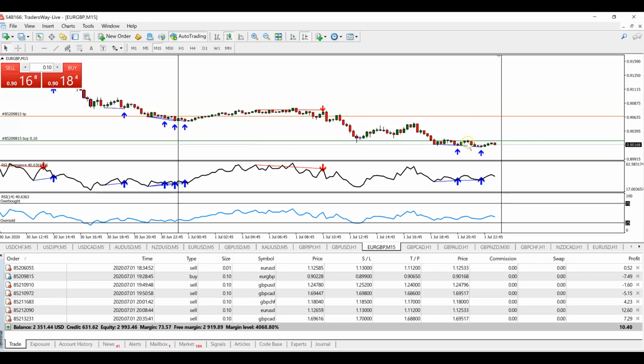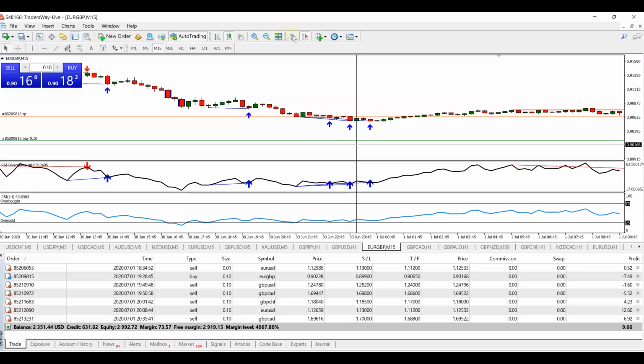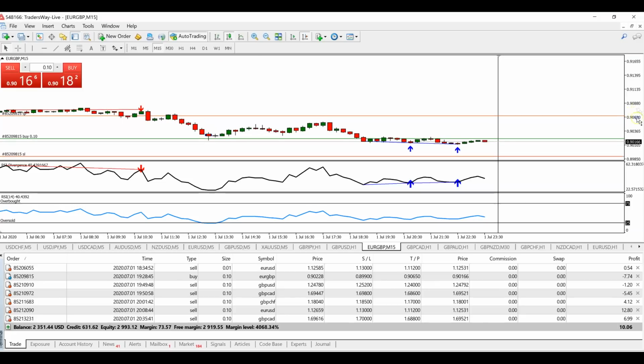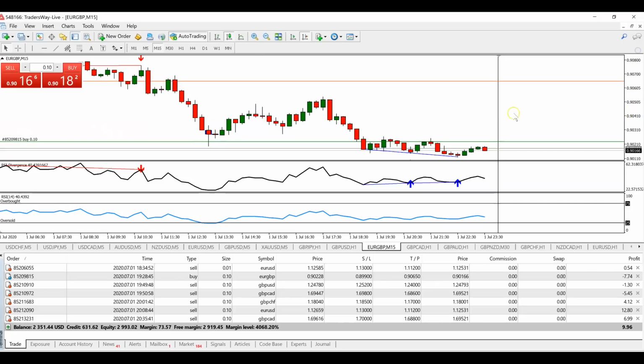So this trade right here, as you guys can see, is a similar setup down here. We did get that RSI signal, which is a little hard to see from this zoom level, so let's zoom in a little bit more.